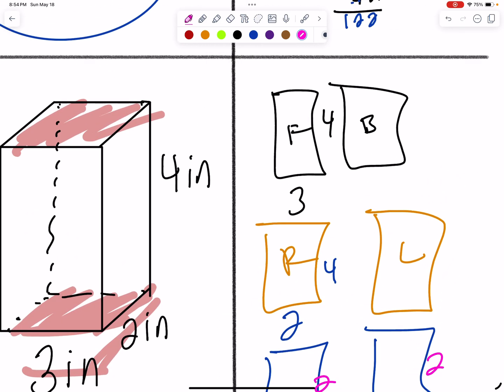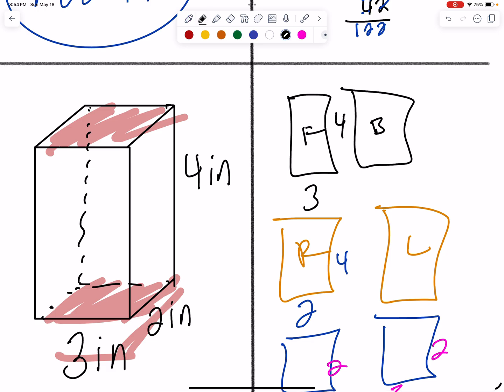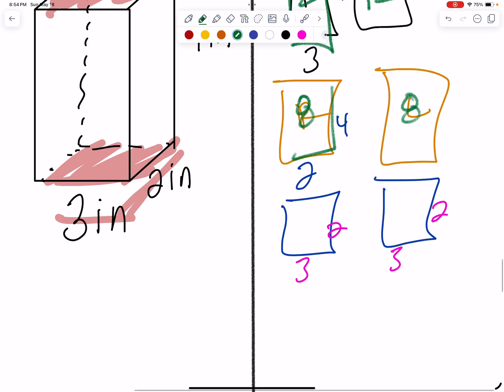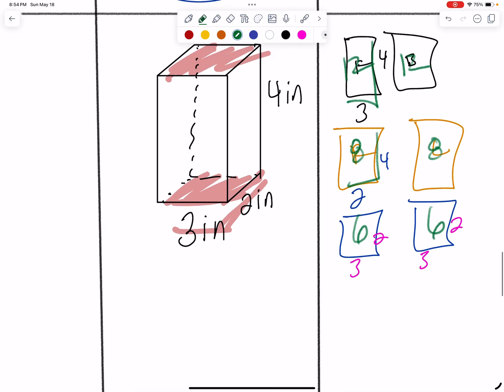All right, so then we do the math on each one. So this is a 4 by 3, that's 12, and that's 12. 4 by 2 is 8, and that's 8. 3 by 2 is 6, and that's 6, and I add them all up.